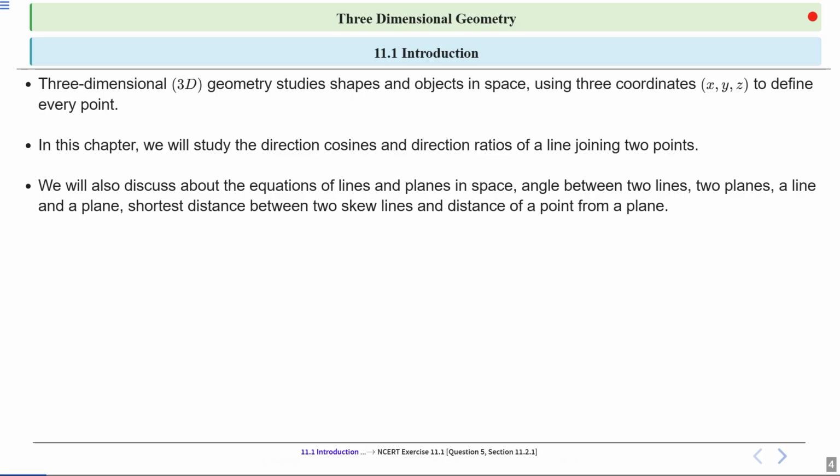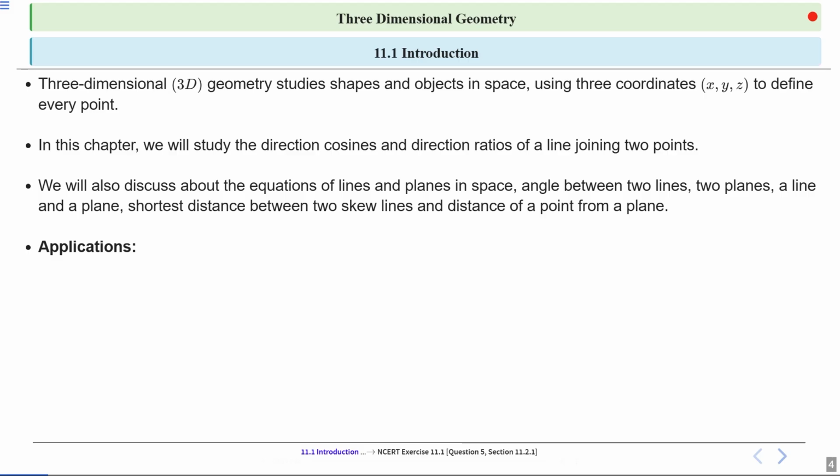Next, we will discuss the equations of lines and planes in space, the angle between two lines, two planes, a line and a plane, the distance between two skew lines and the distance of a point from a plane.